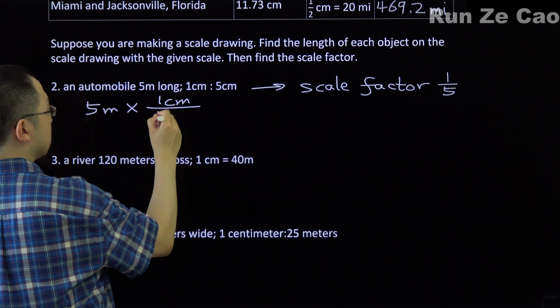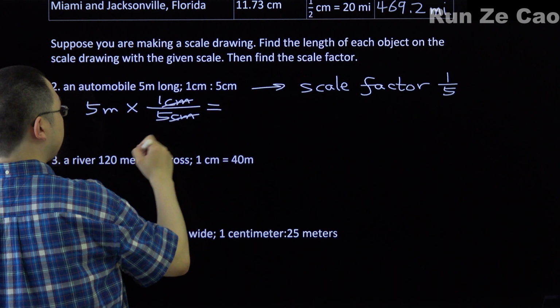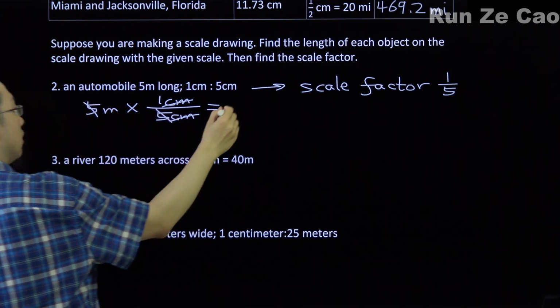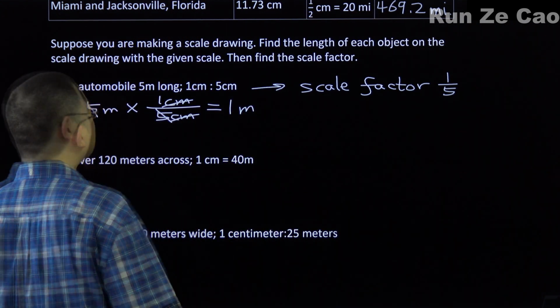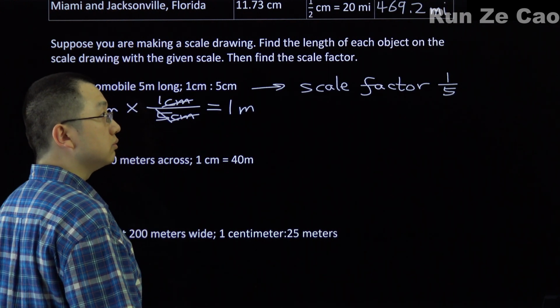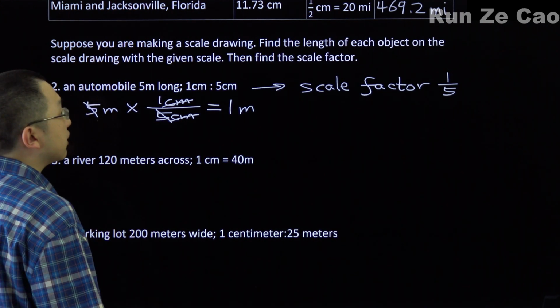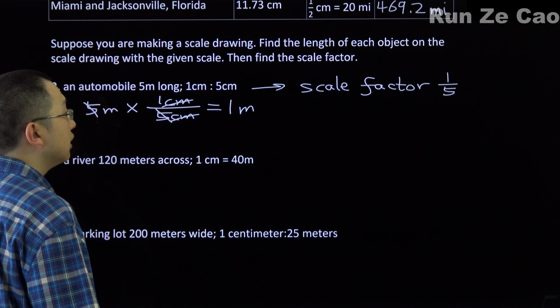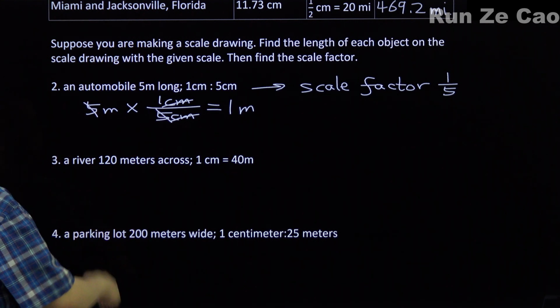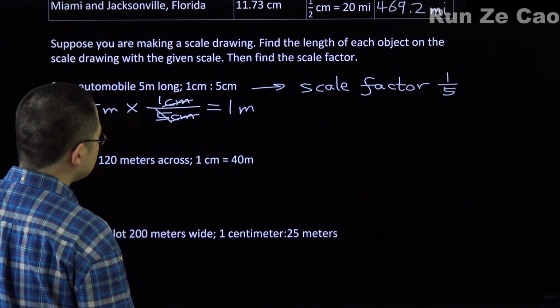Cancel out the centimeters, and you end up with 1 meter. I gotta say, this is actually a reasonably large scale model, or drawing. If it's just a 1/5 scale, huh. Oh well.